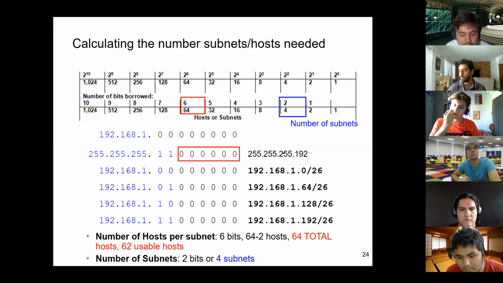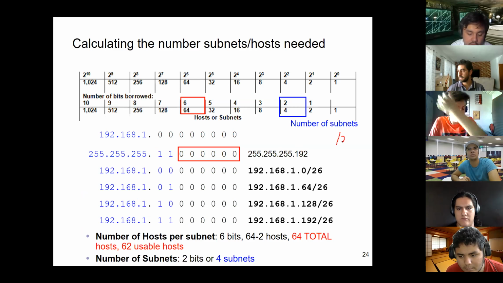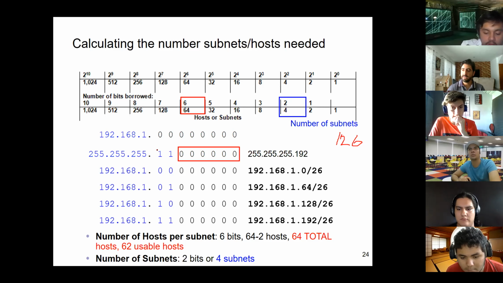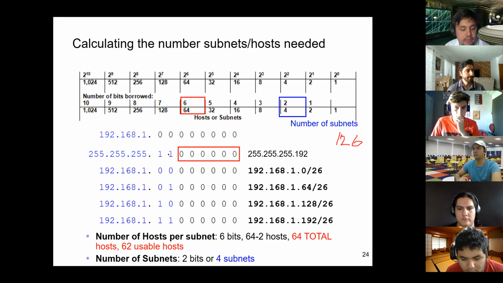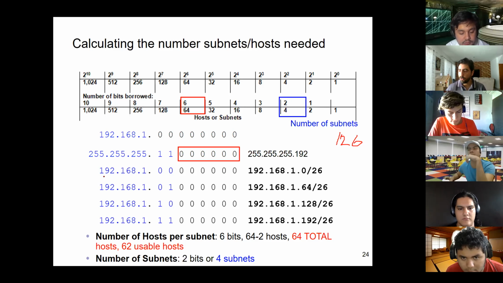So now your network would change to /26, because these 2 bits are now defined for the subnet. So this would be your 4 subnets: the first one, second one, third one, and fourth subnet.